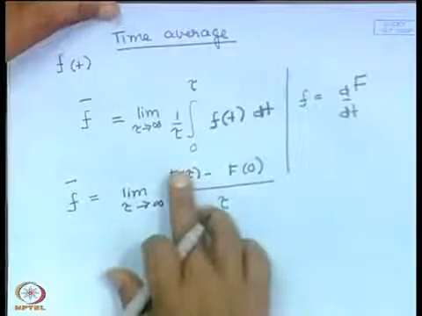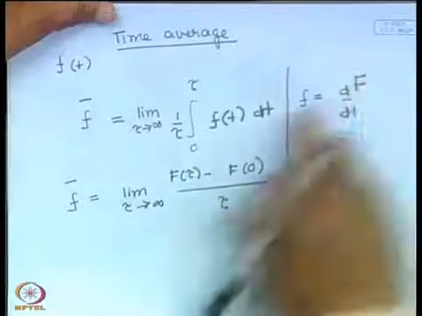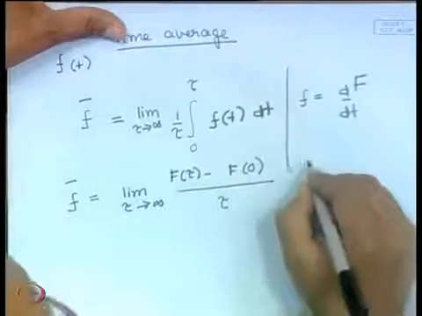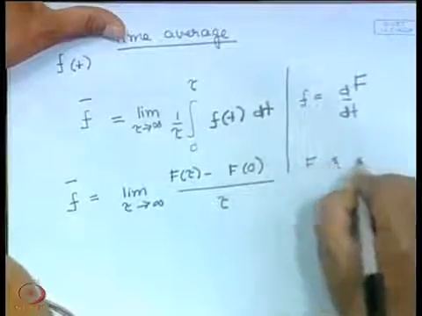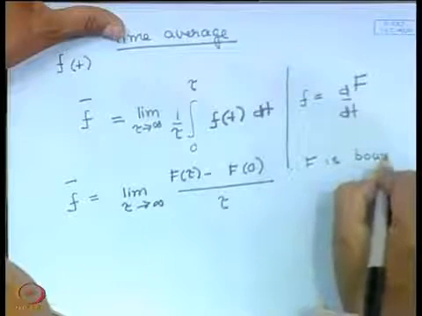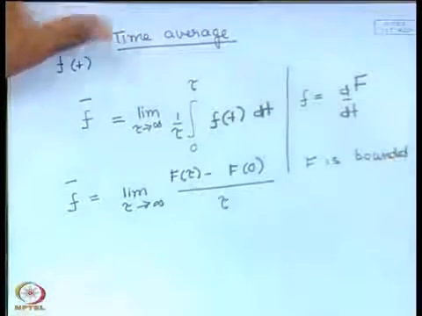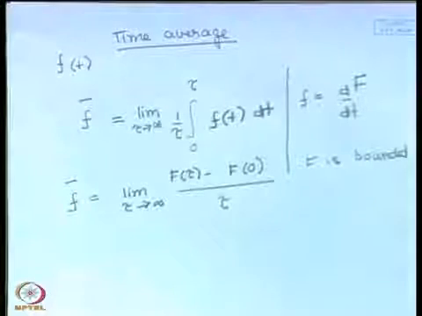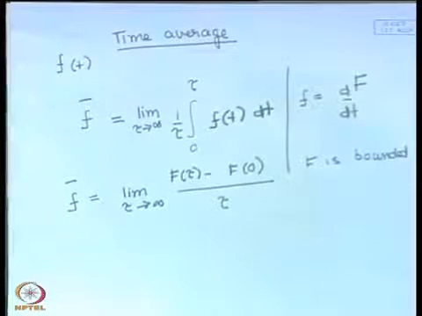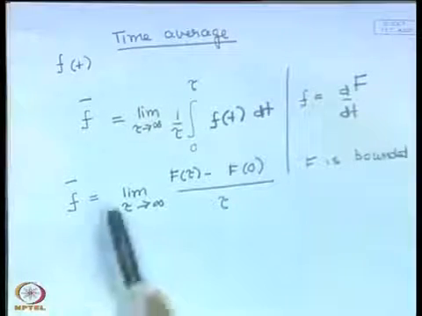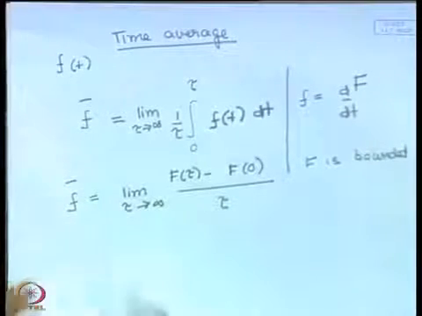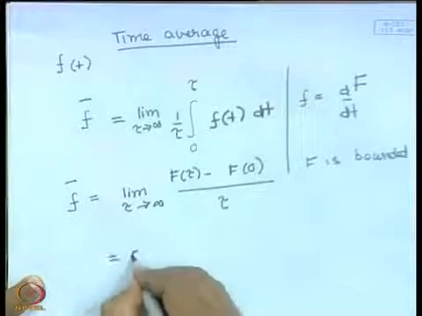and if this quantity over here, f, is bounded. So if we assume that f is bounded, its value does not blow up or become minus infinity, its value is finite and bounded, then you can guess this limit will be 0.